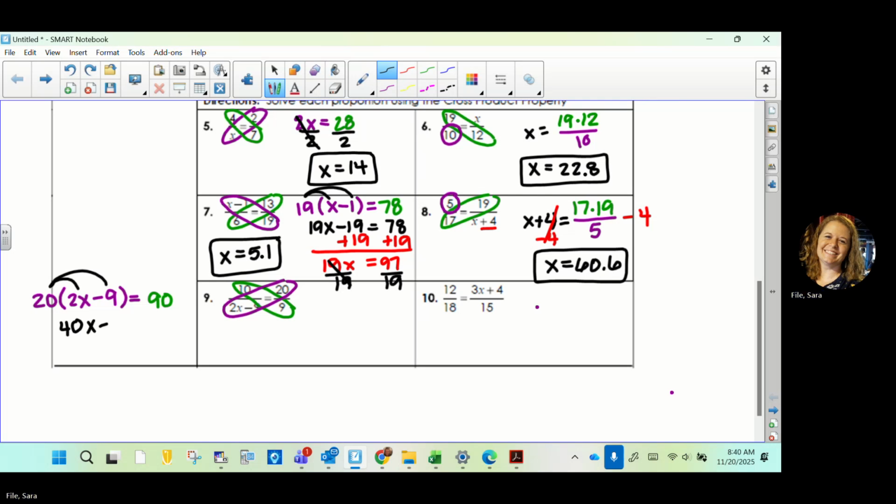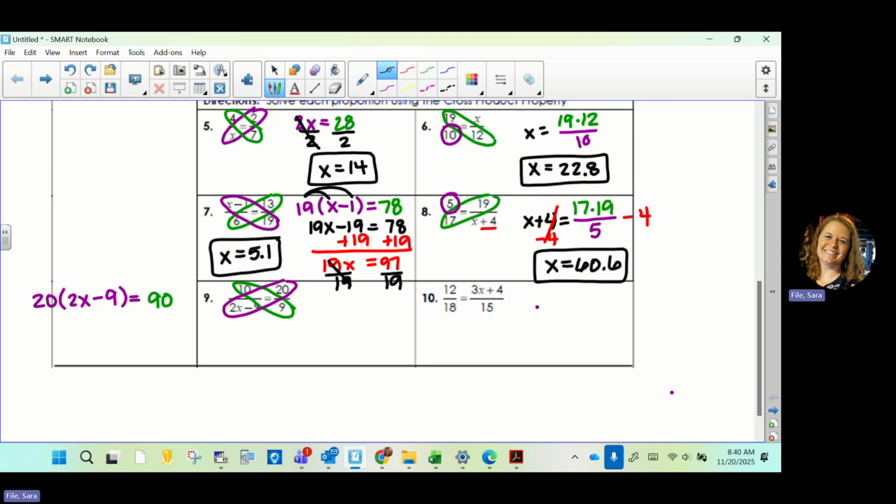minus, and actually, I'm going to show you one more option instead of distributing. If you set up the algebra like this, instead of distributing like we did here in number 7 and then moving by addition or subtraction and then division, since this is outside the parentheses, butting up against the parenthesis means it's being multiplied, right?